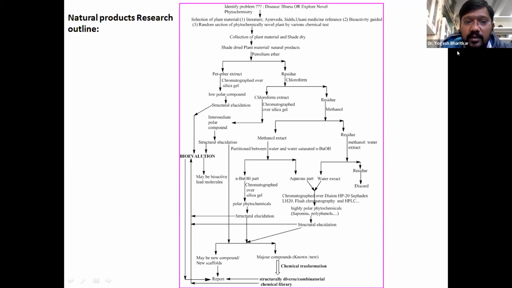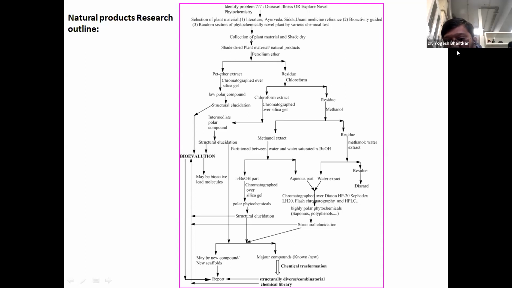Defatting the plant material is first done with petroleum ether or hexane. In that extract we get low polar compounds. Then the residue is extracted with chloroform, and chromatographed over silica gel. In that extract we get intermediate polar compounds. Then the residue is extracted with methanol, and in the methanol extract we get some polar compounds.